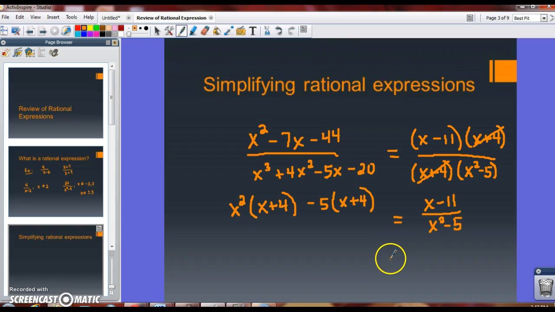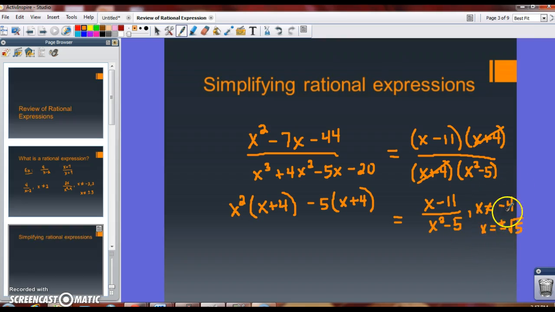Now, you have to be very careful here because you have to make sure that you exclude the appropriate values from that domain. And if I go back to my original problem, I need to look at the values of x that would have made that denominator 0, which means from that I have to make sure that I exclude -4, and I also exclude plus or minus the square root of 5, okay?